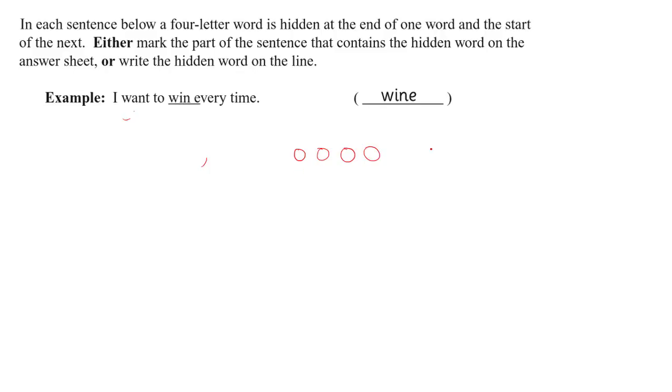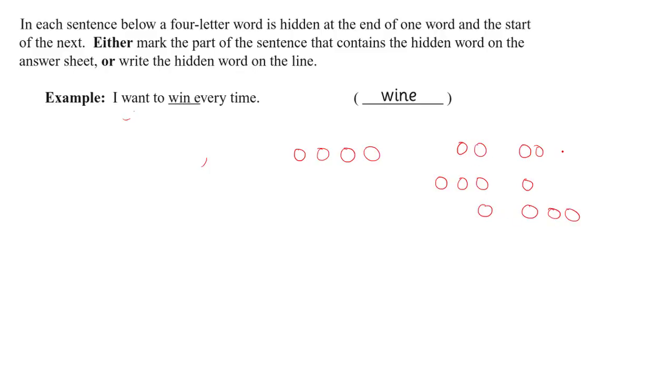Now, there are two ways. You can have the first two letters coming from the end of the first word and the next two coming from the other word. Alternatively, you can have three letters coming from the first word and only one letter coming from the other word. The other thing you could find is only one letter from the first word and three from the other word, to make four.